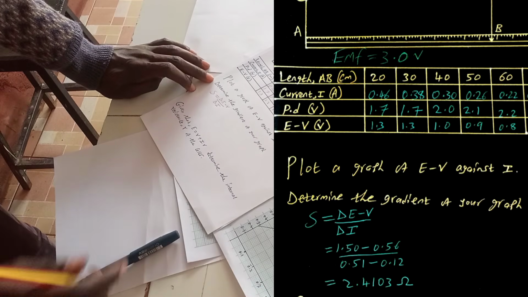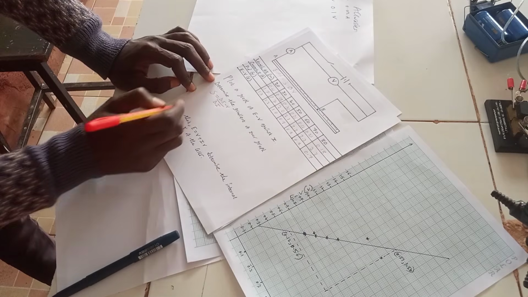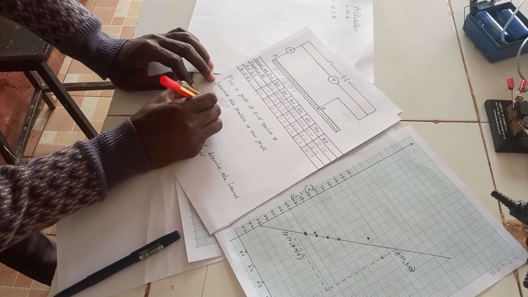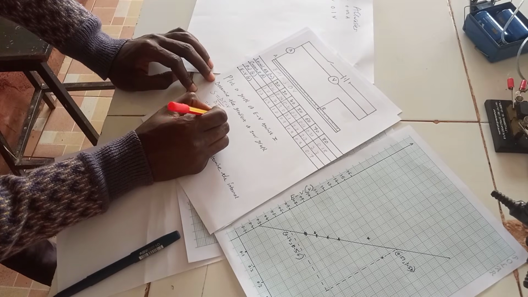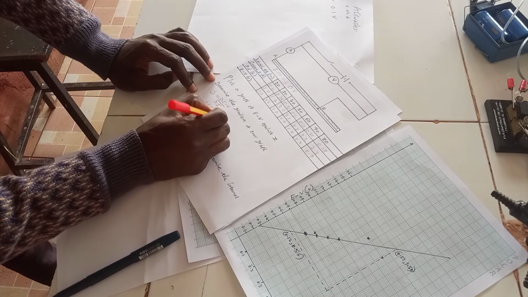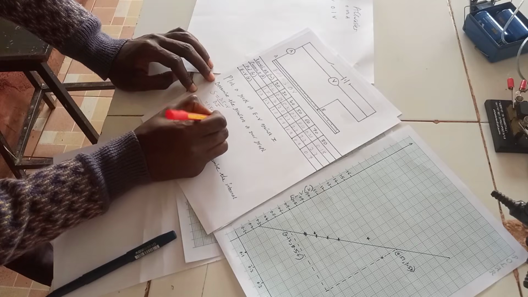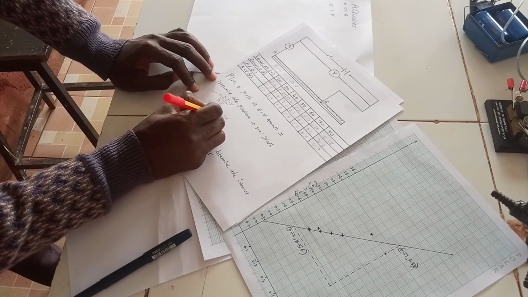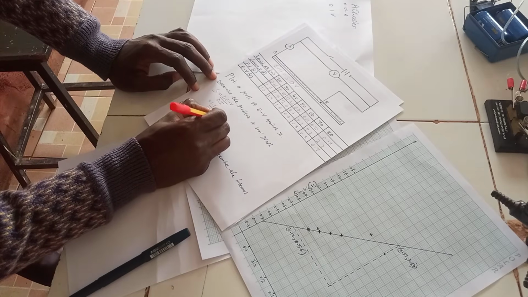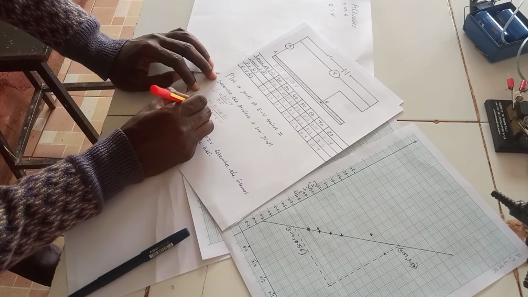So the change in E minus V is 1.50 minus 0.56, divided by 0.51 minus 0.12.